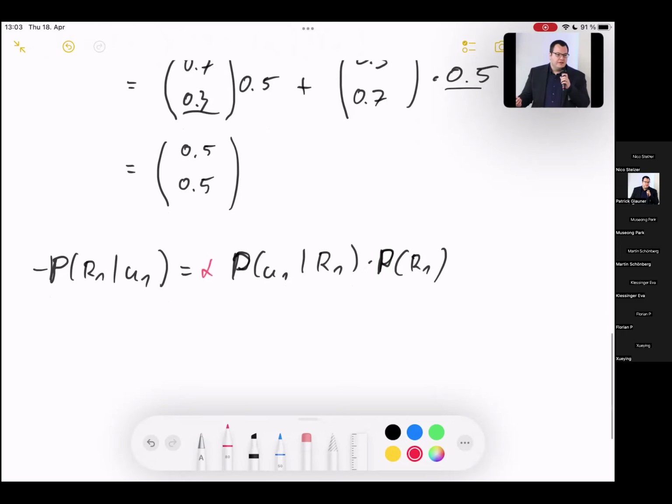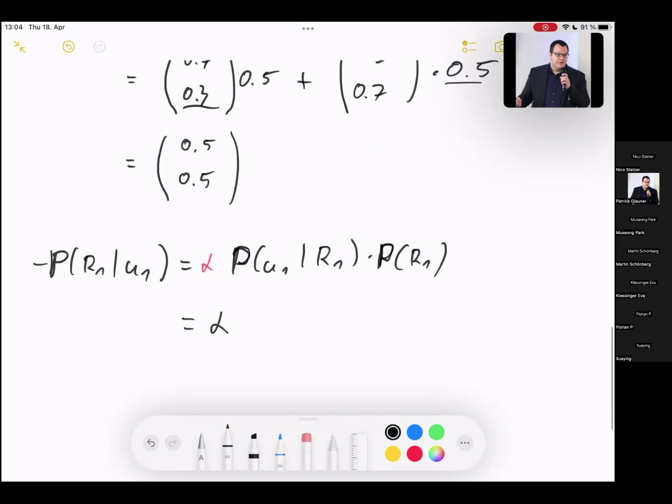And we'll continue. That's our alpha. And this one here, of having an umbrella given there was rain, we saw that this is a probability of 0.9. This is the second table in our graphical model that we had looked at.